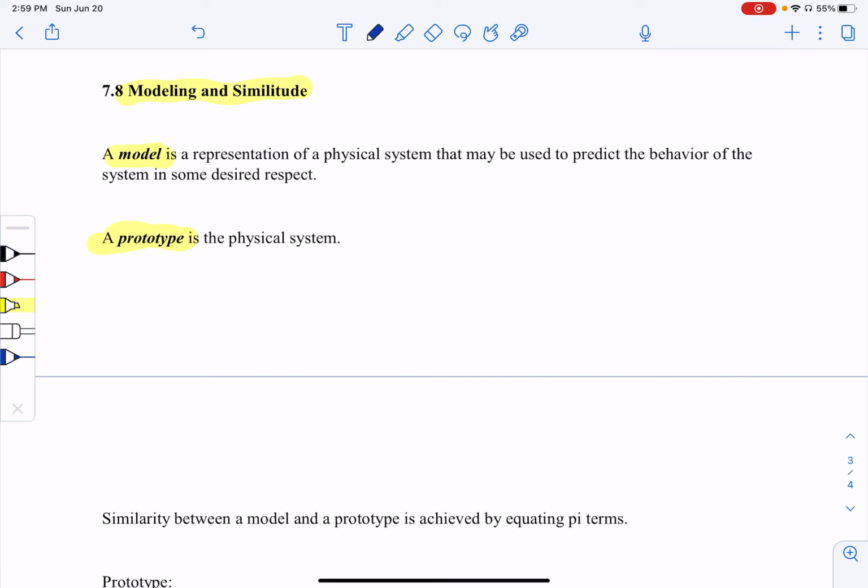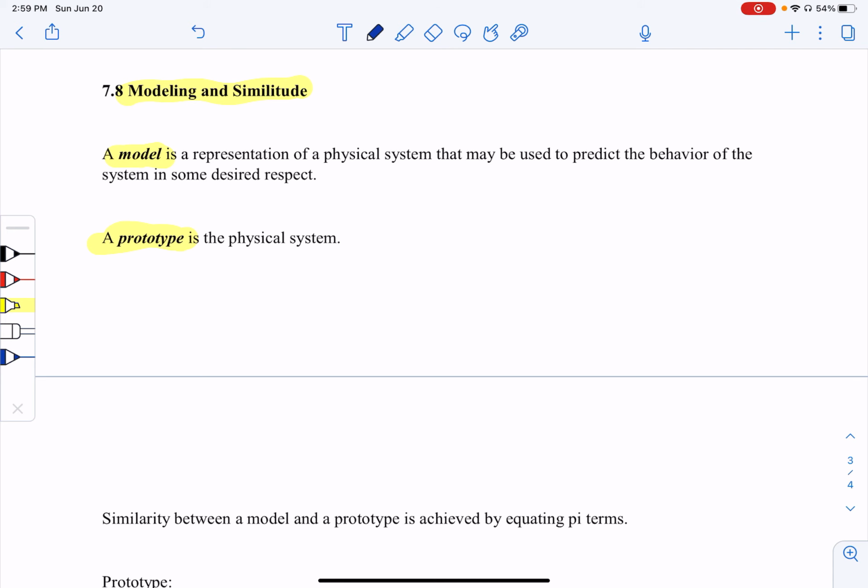In the wind turbine problem, the model is the small model that we have in the laboratory, and the real turbine is going to be considered the prototype. What this means is that all of the pi terms that we find for that particular problem must be equated between the model and the prototype.